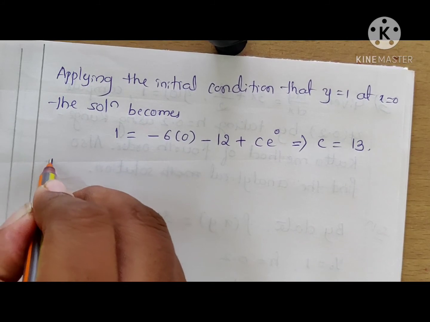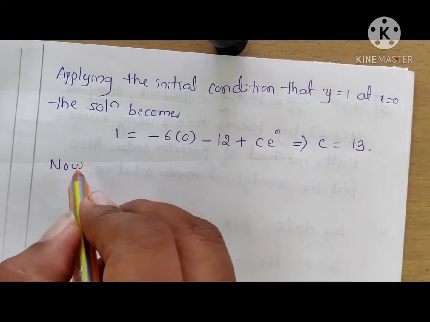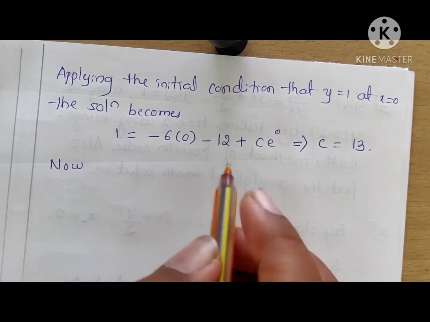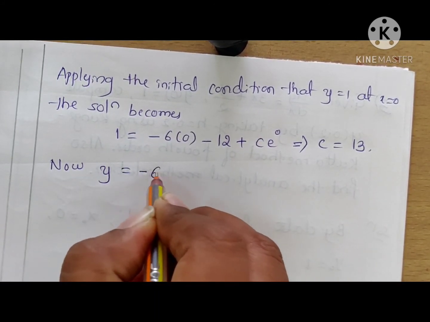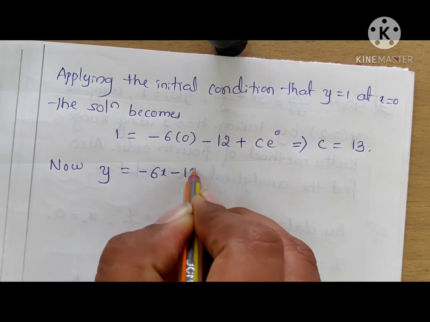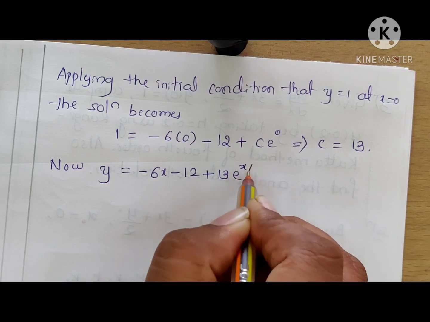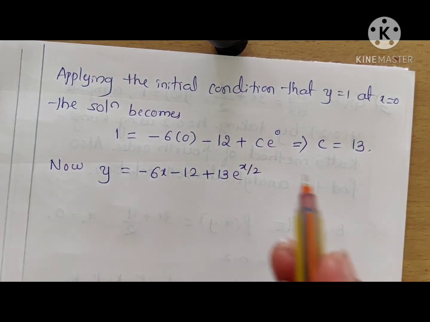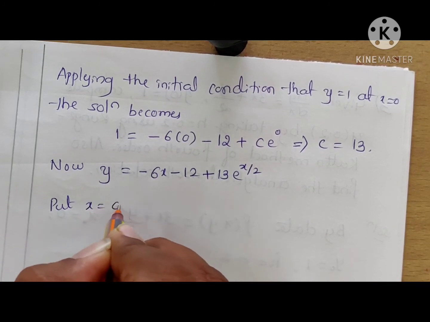Now by putting this, the equation becomes y is equal to minus 6x minus 12 plus 13 e raised to x by 2. Now in this put x is equal to 0.2.